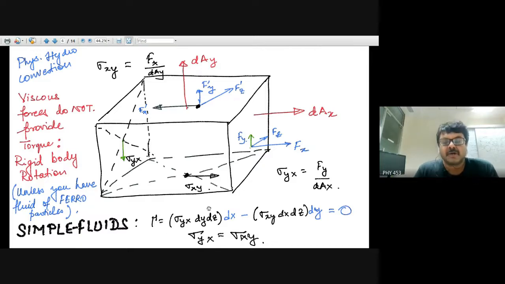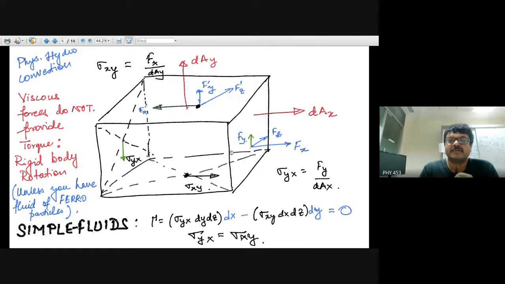Then the total torque acting on this fluid element in the z direction will be the force acting in the y direction, so it's sigma yx, which is force per unit area, into dy dz is the force, and the total torque acting would be the distance between these two forces, dx, right?